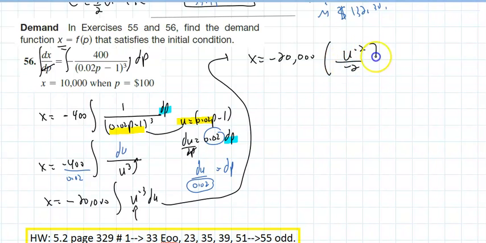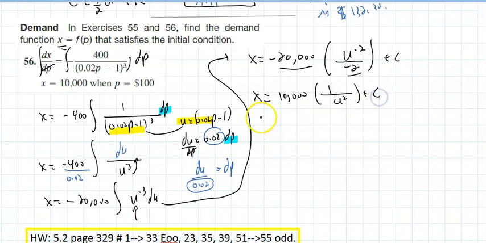Divide by that. So x equals negative 20,000 divided by negative 2 is 10,000. And x is 10,000 divided by, and what was u again? Don't forget what that was. u was 0.02p minus 1 squared plus c.